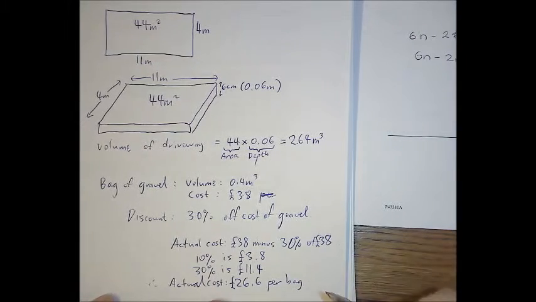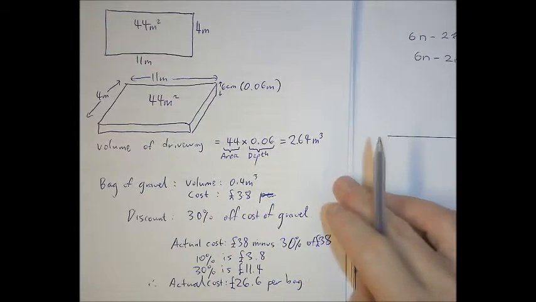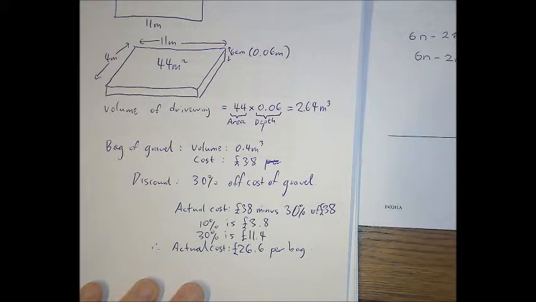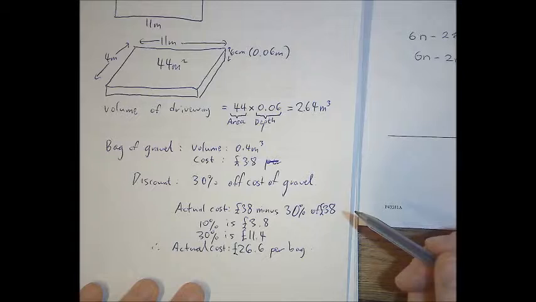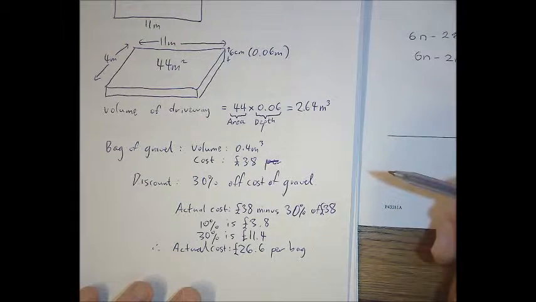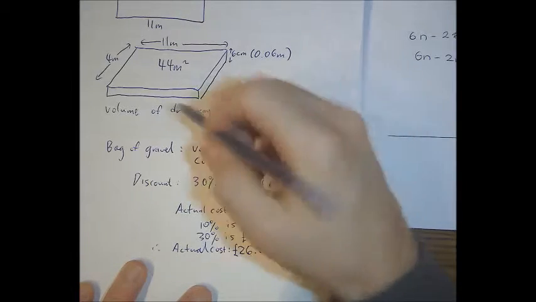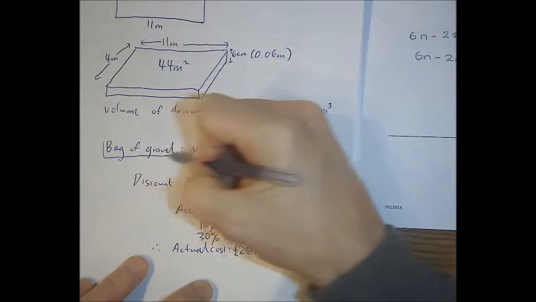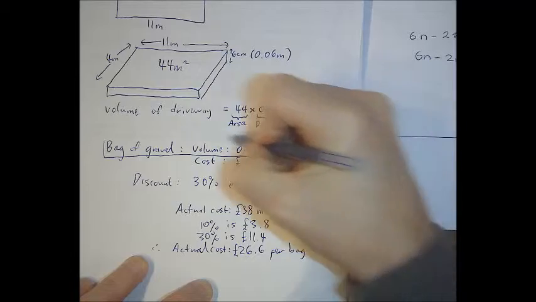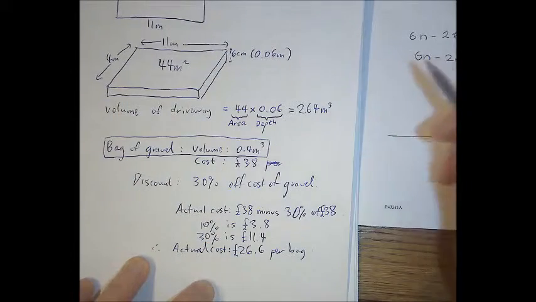Now, because there's lots of information about the bag on the table, I'm going to put the information I can really rely on in boxes, just so my eye is drawn to it. So a bag of gravel, 0.4 meters.